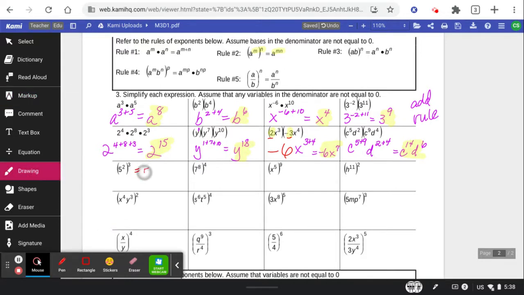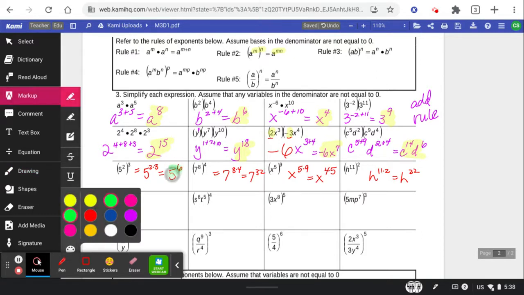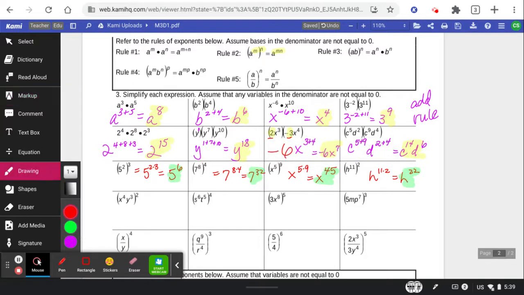This is going to become 5 to the 2 times 3, 5 to the power of 6, 7 to the 8 times 4, 7 to the power of 32, yikes, that's a big number, x to the 5 times 9, x to the power of 45, h to the 11 times 2, h to the power of 22. Okay, so that's the multiply rule. How'd you do on that one? Do you recognize the difference between when to use that multiply rule and when to use the add rule?